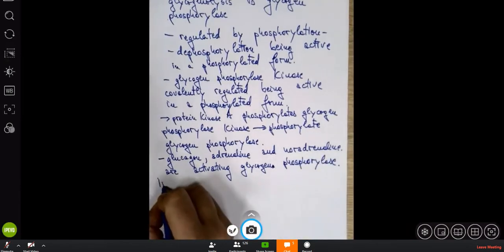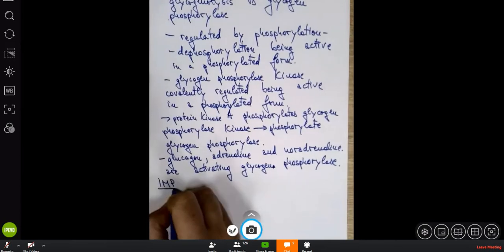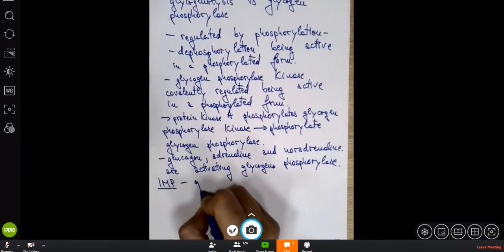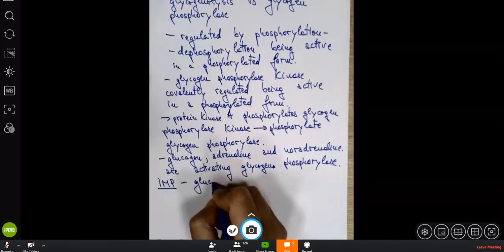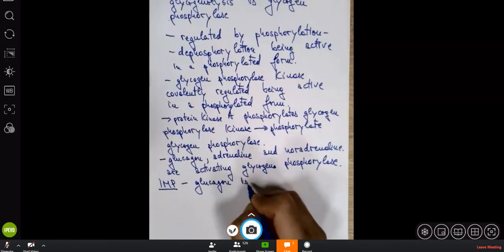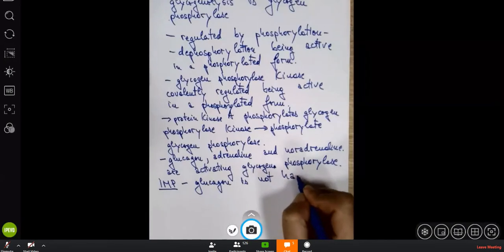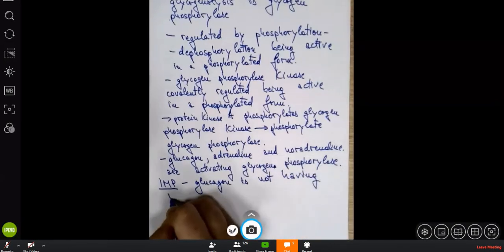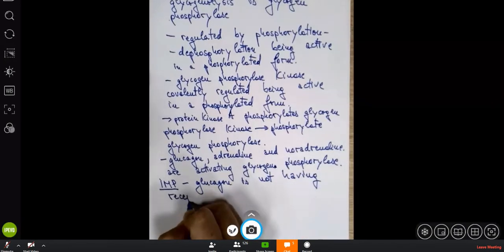Important, glucagon is not having receptors in the muscle.